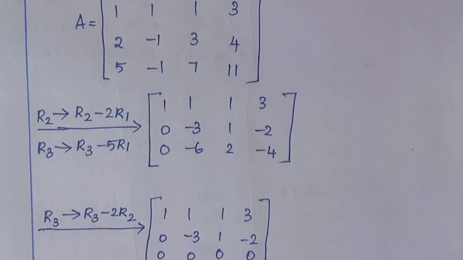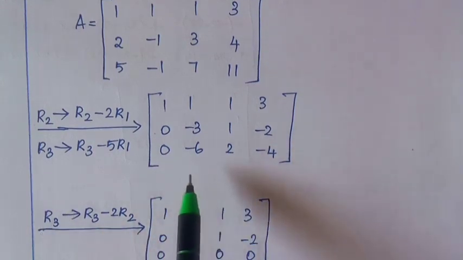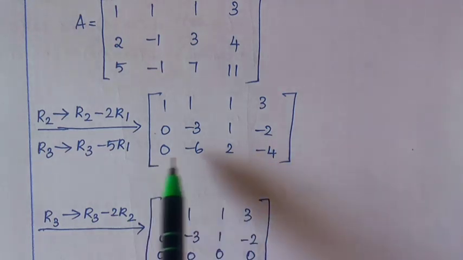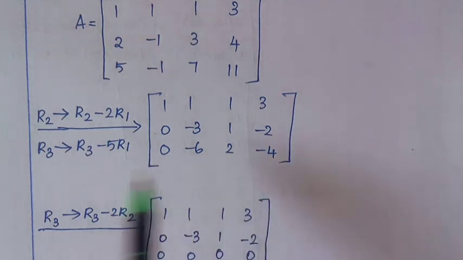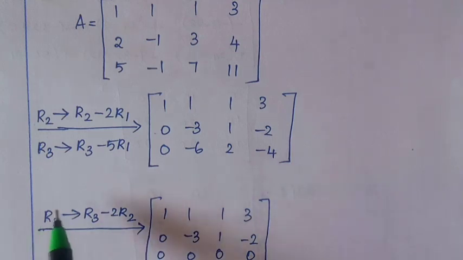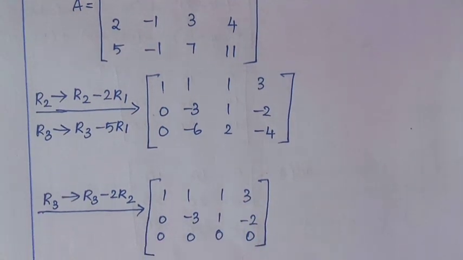And then next we got this answer. Again we have to make the third row completely 0. So what we have to do is R3 gives R3 minus 2 R2. So 1, 1, 1, 3, 0, minus 3, 1, minus 2, and then 0, 0, 0, 0.